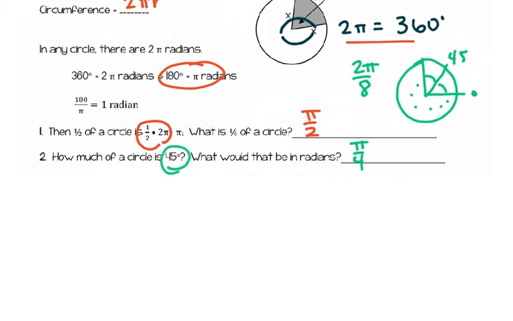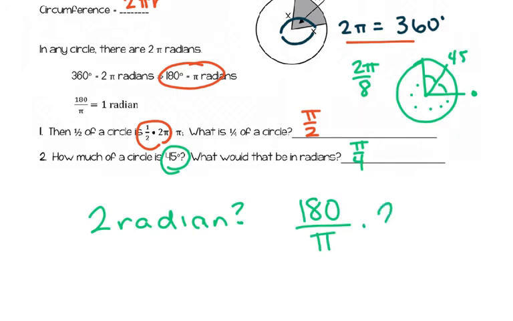So if I give you 45 degrees and I want to change that into radians, well actually let me do it the other way. Let me give you a different example. If I've got 2 radians and I want to know how many degrees that is, I'm going to do 180 divided by pi times 2 because that's in radians.